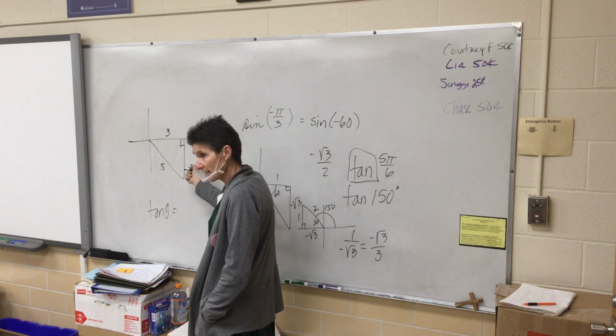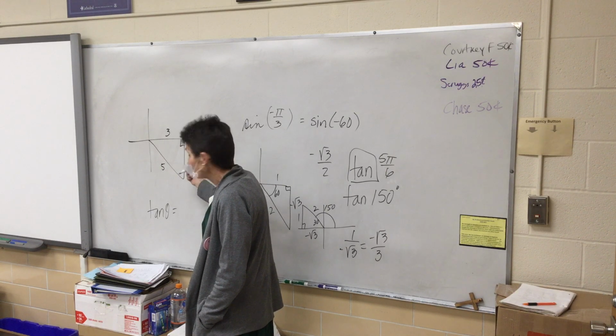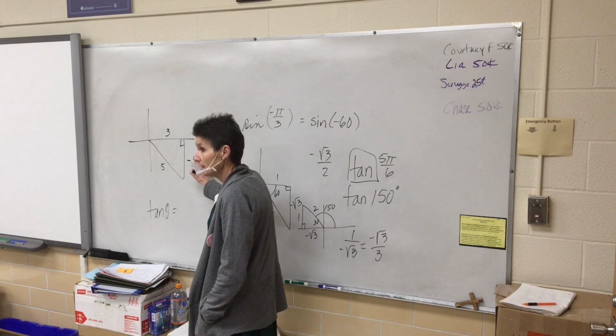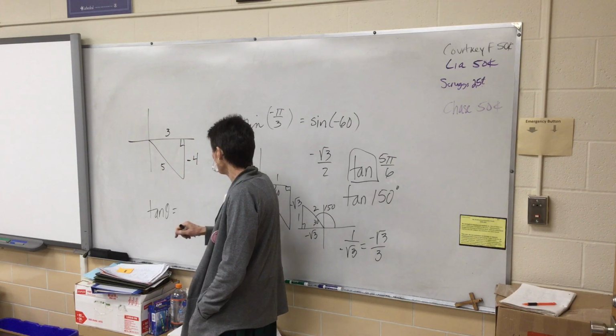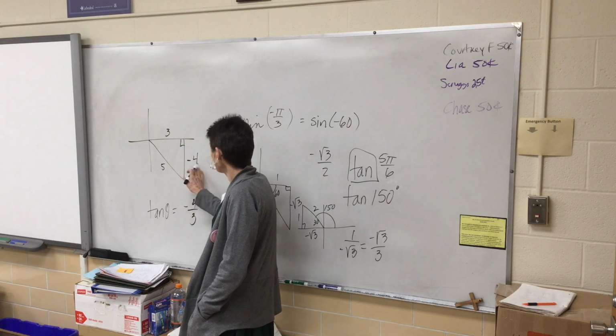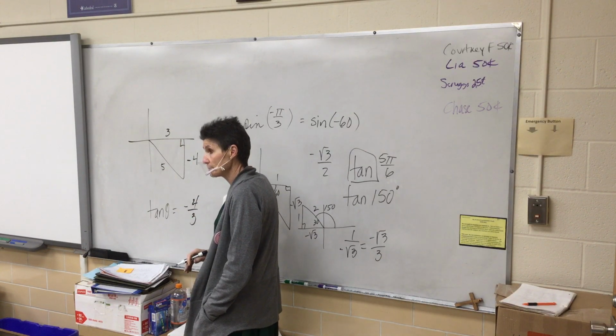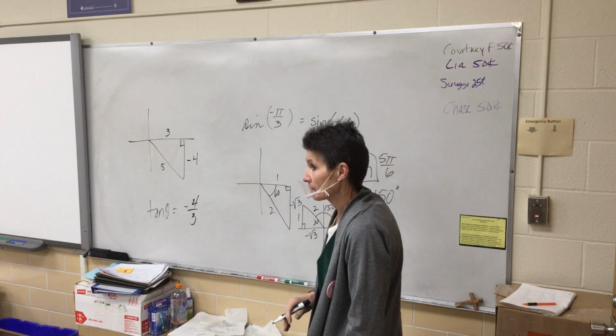So, did you do the Pythagorean theorem? What'd you get? 4. Okay, actually negative 4? Yeah. But yeah, a squared plus b squared equals c squared, so that would be negative 4. What's the tangent then? Opposite over adjacent, negative 4/3.